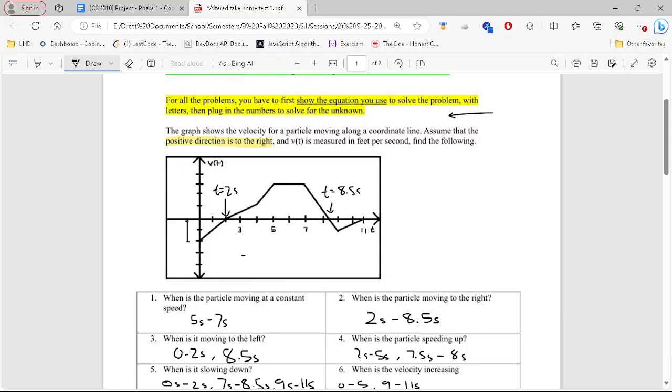So -2 times 2 seconds, all that times 1/2 for the area of a triangle, is equal to -2 feet. But the displacement here is -2 feet, but the distance traveled here is 2 feet.